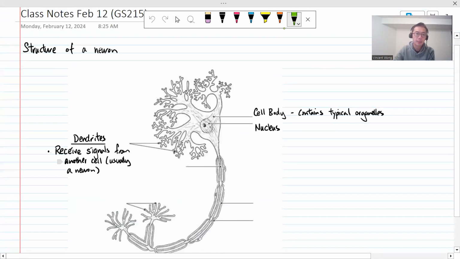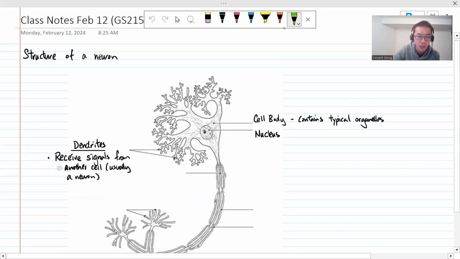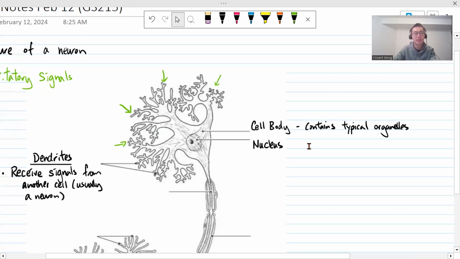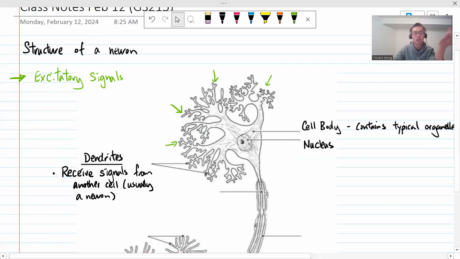When the signal arrives, they could be excitatory signals. These green arrows, we call them excitatory signals. Think of them as an on switch.